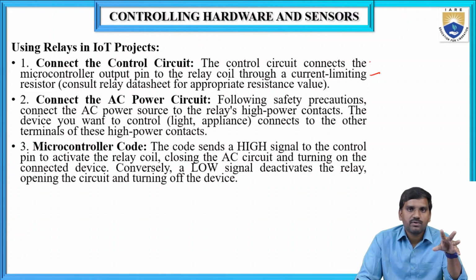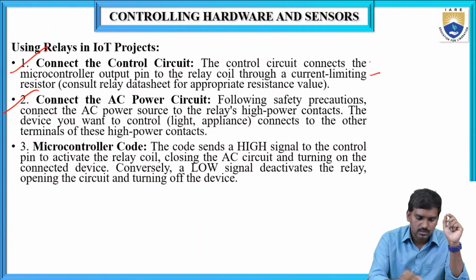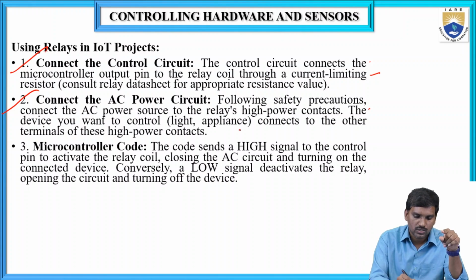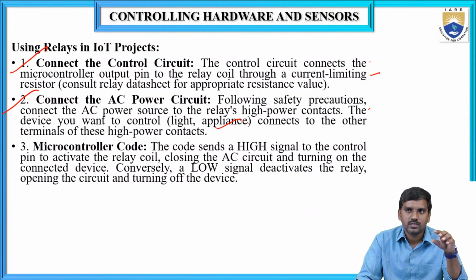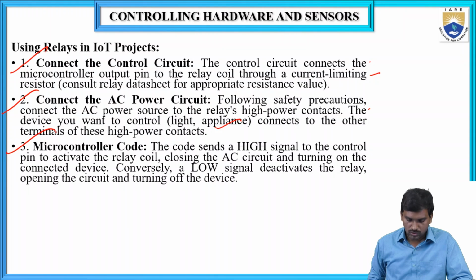And connecting the AC power circuit, following safety precautions: connect the AC power source to the relay's high power contacts. The device you want to control connects to the other terminal of the high power contacts. The microcontroller code sends a high signal to the control pin to activate the relay coil. So this is the microcontroller code.